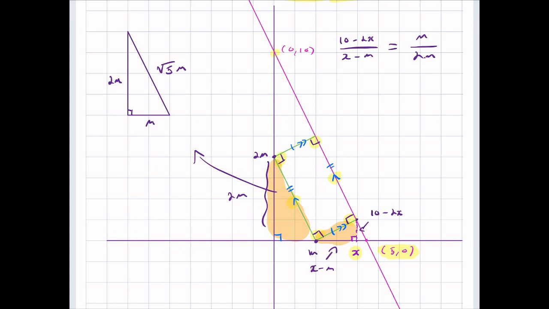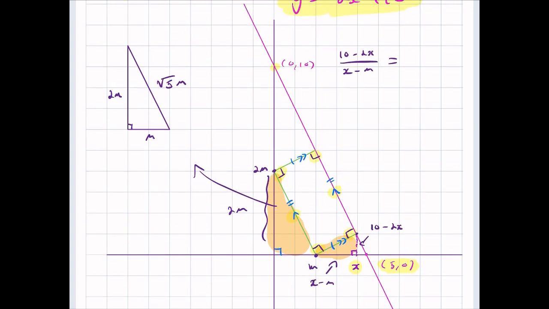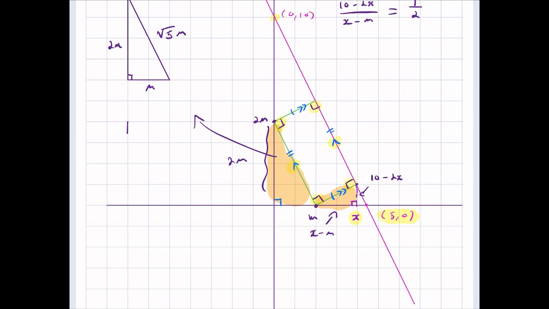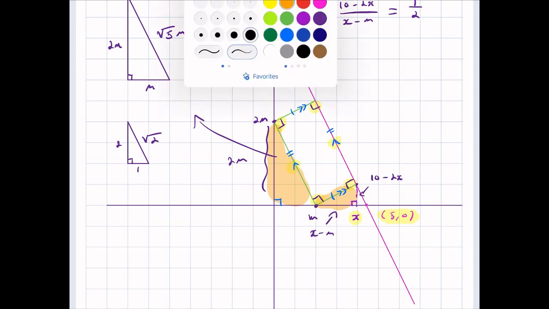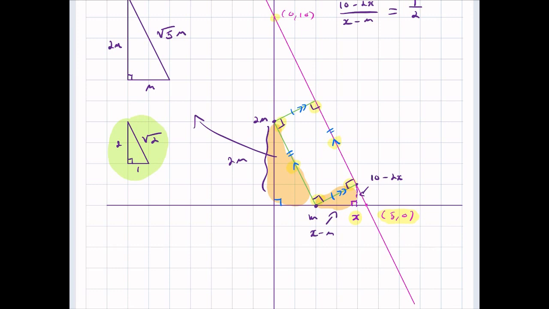But it's really unnecessarily complicated. We want to be intelligently lazy here and say, all right, instead this is just equal to 1 over 2. Right? Any triangle which has a right angle like this and has the base which is half the height, or double the height depending on which way you orient it, is similar to this canonical triangle, this archetype triangle here, the 1, 2, root 5.